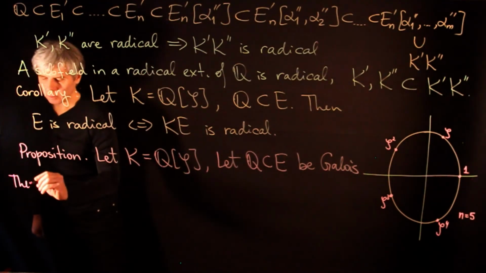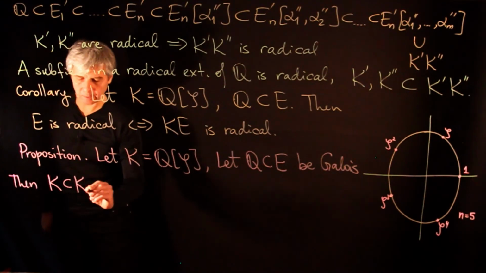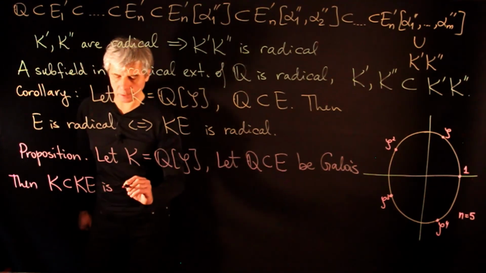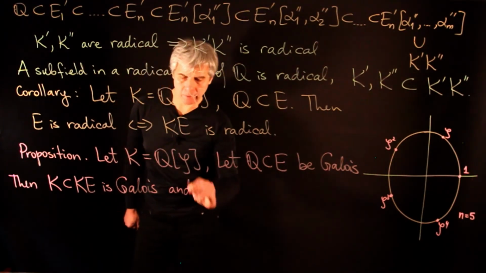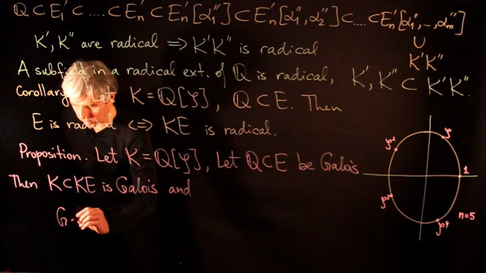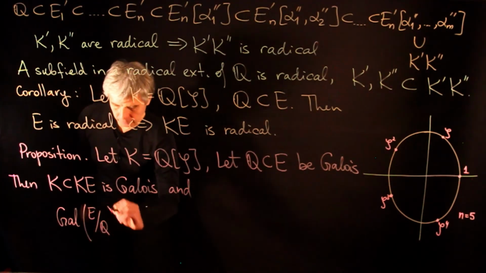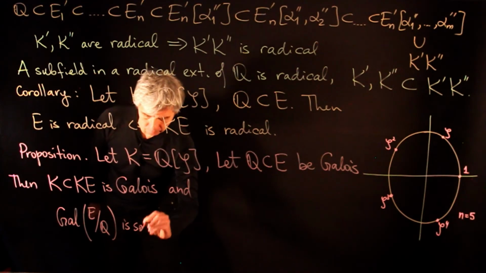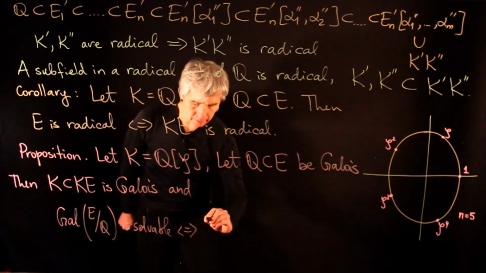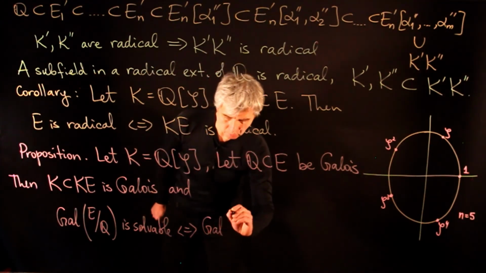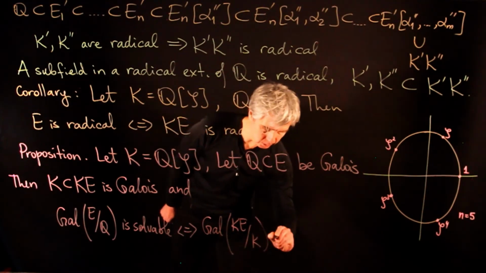Then the extension KE of the field K is Galois, and the Galois group of E over Q is solvable if and only if the Galois group of KE over K is solvable.